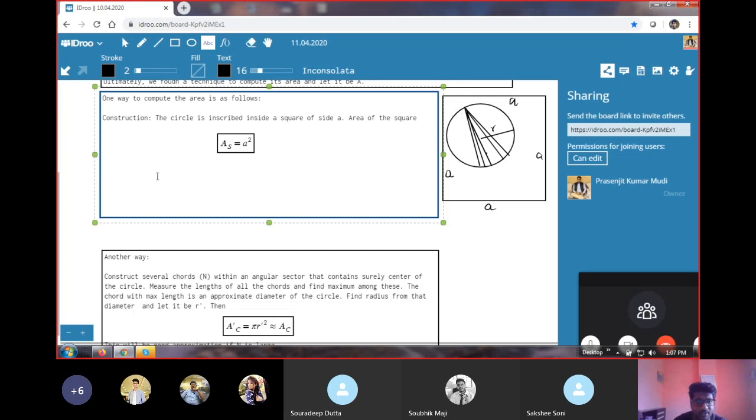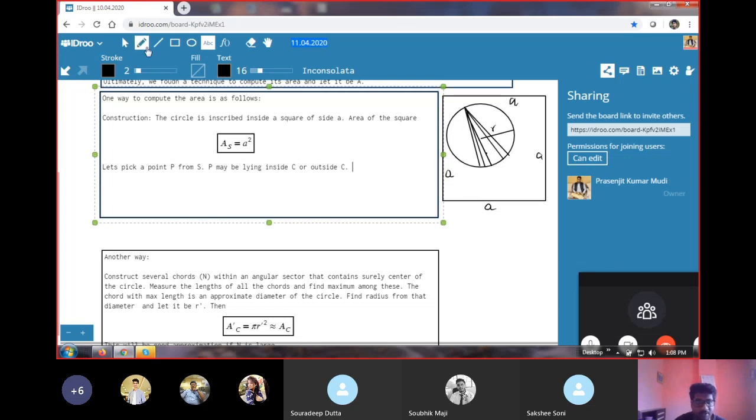Area of the square will be then a square, A is equal to a square. Now let's pick a point P from S, maybe lying inside or outside C. So I am randomly picking up a point.